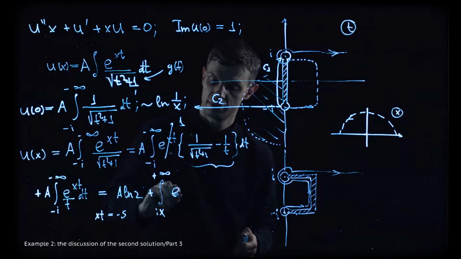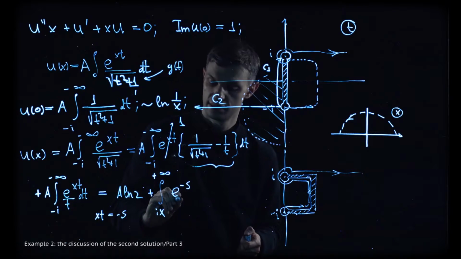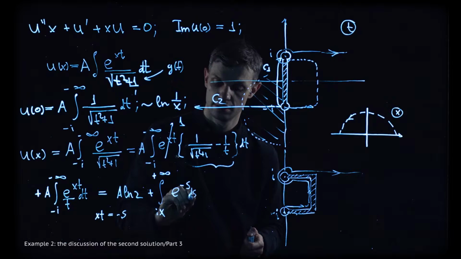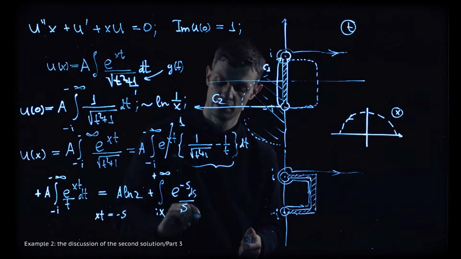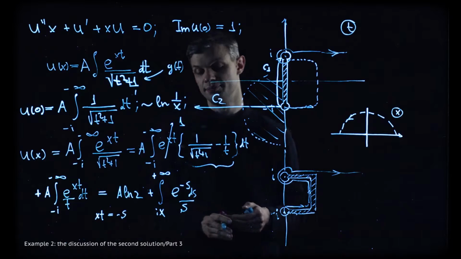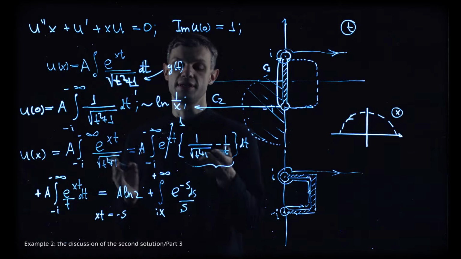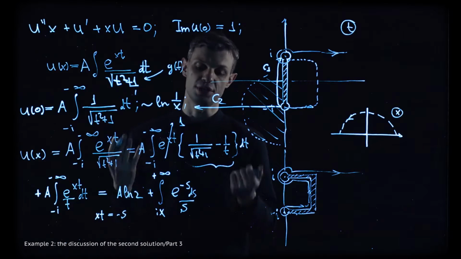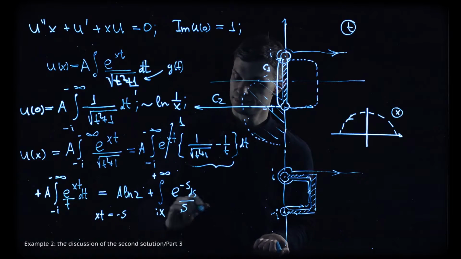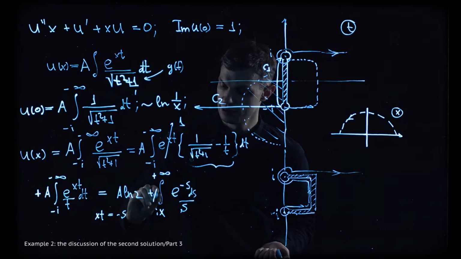And here you have e to minus s ds over s. And this integral is easily estimated by simple integration by parts. Sorry, I dropped a here.